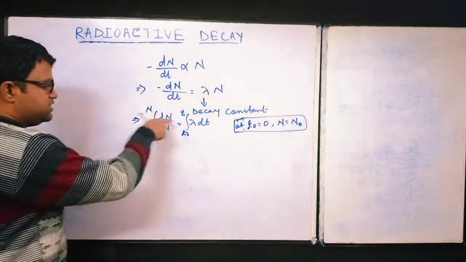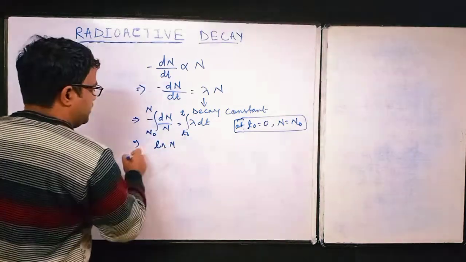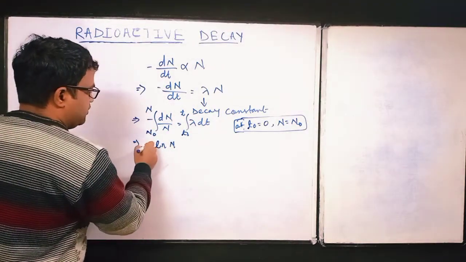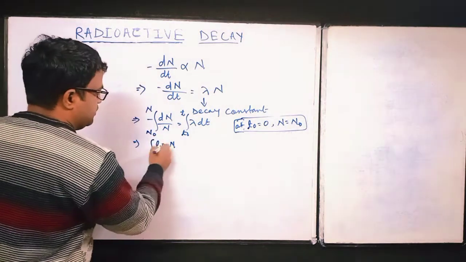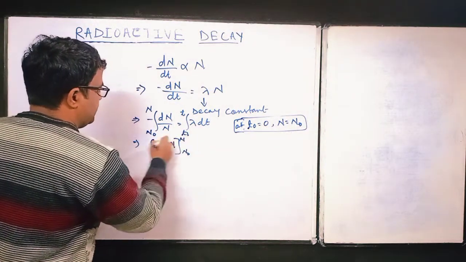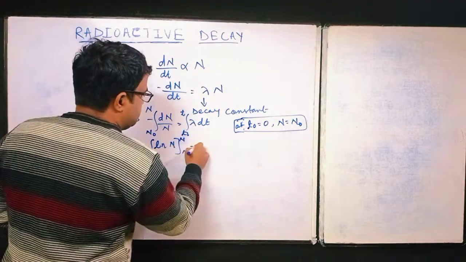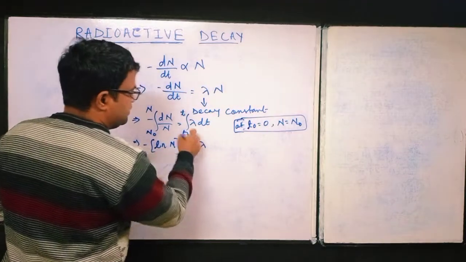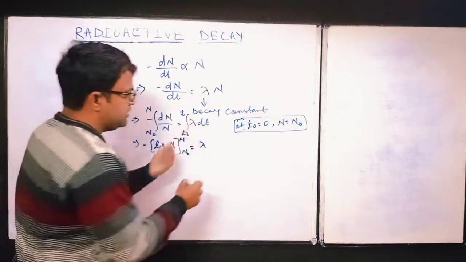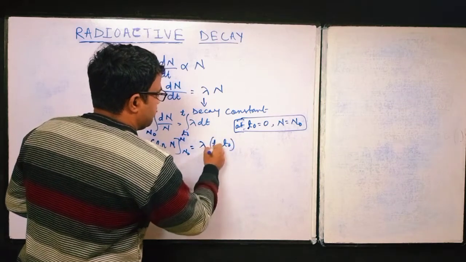So we can integrate, so it will be ln N, with upper limit N and lower limit N0, right? Negative sign equal to, lambda is a constant, it will come outside. The integration of dt is t minus t0.